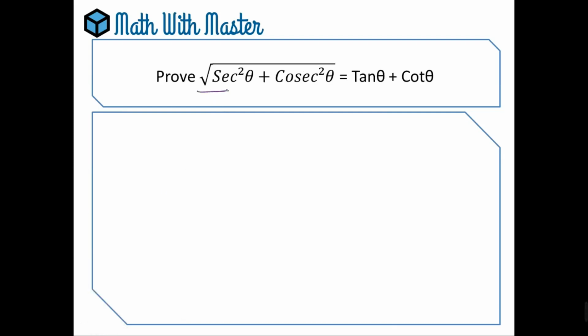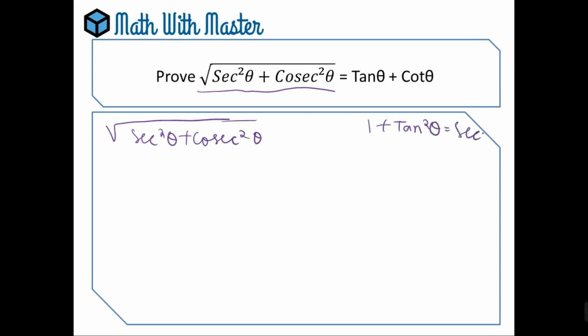So prove sec square theta plus cosec square theta is equal to tan theta plus cot theta. Now sec square theta plus cosec square theta. We know that 1 plus tan square theta is equal to sec square theta, and also we know 1 plus cot square theta is equal to cosec square theta.